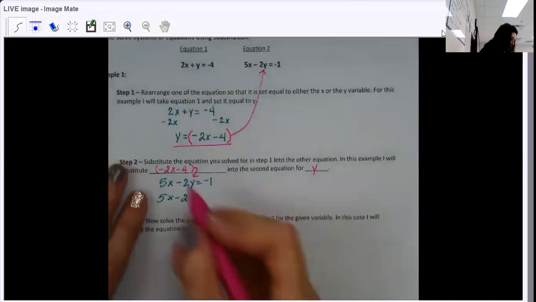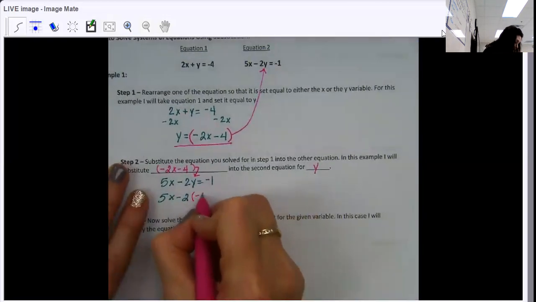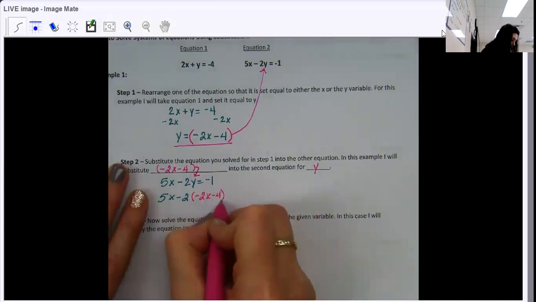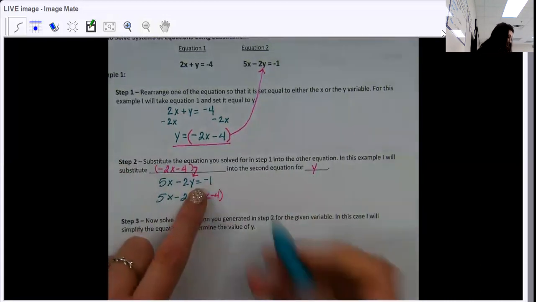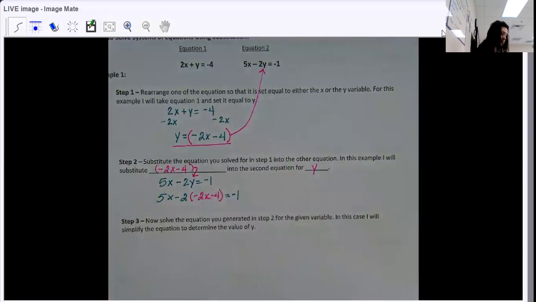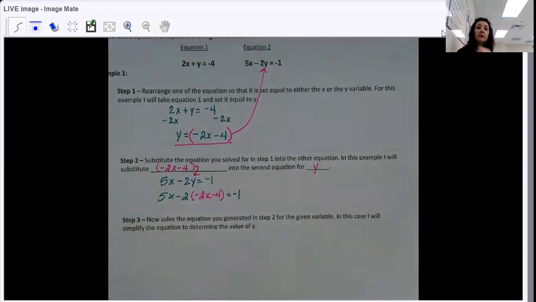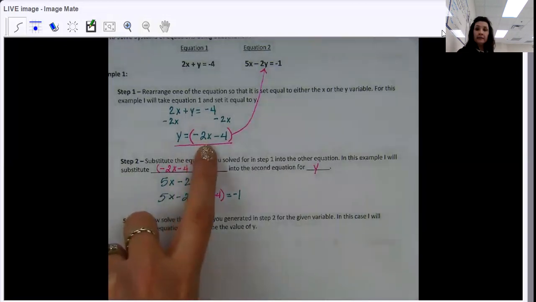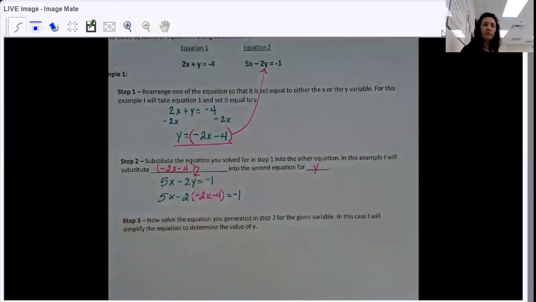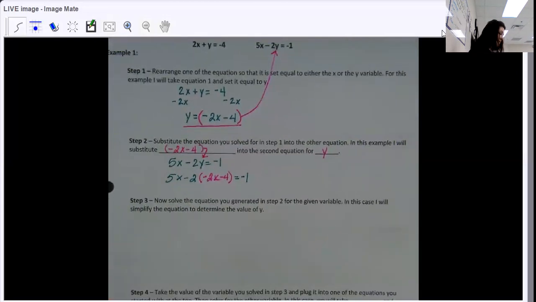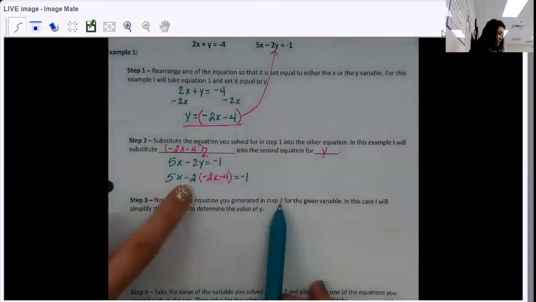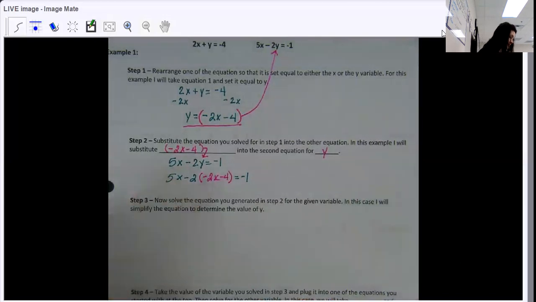And I put parentheses in front of it. -2x minus 4, and then I finish writing out my equation equals -1. That was step 2. All I did was I substituted what y is into the second equation. Okay. All right, we're going to go down to step 3. Now solve the equation you generated in step 2. That's this equation right here.